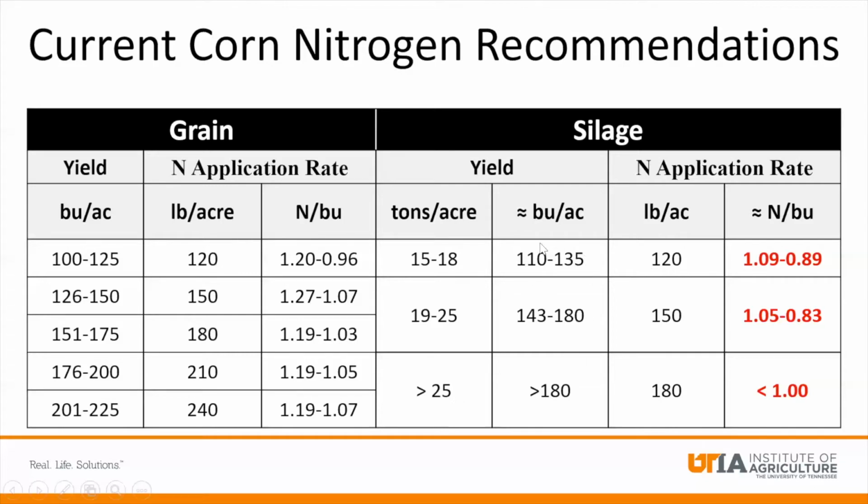If we were to convert these tonnages to bushel equivalents and then examine the amount of nitrogen that we're recommending normalized to the bushel equivalents, you can see that in this case, some of our recommendations are slightly below 1, and that's part of the reason to conduct this study, to see whether or not we can justify increasing the nitrogen application rate recommendations for our new corn silage varieties, some of which will certainly in good years yield well more than 25 tons an acre.